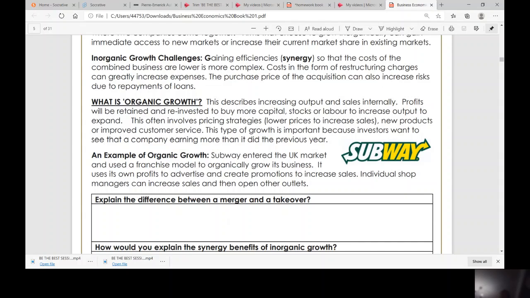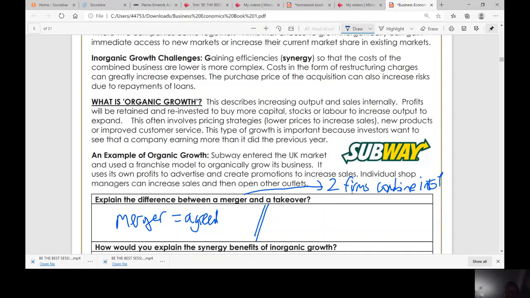So coming down to it, if you can just get your books open on this page, and we'll add some notes in here. So the definition of a merger, which is kind of linked into this first question, is just when two firms combine into one. Mergers and takeovers are quite similar. However, the key difference is that mergers are agreed, and a takeover happens when one business decides to buy out another.